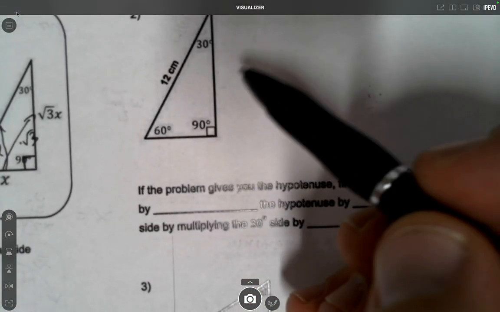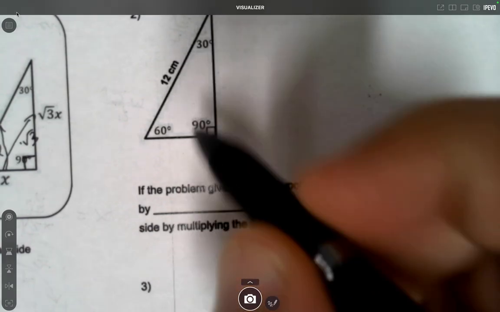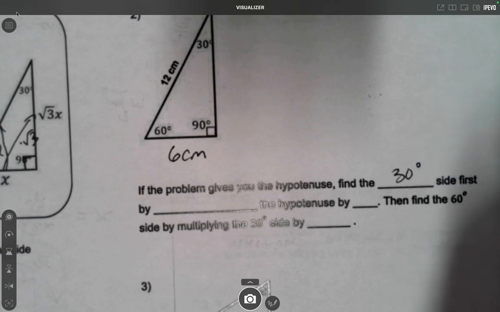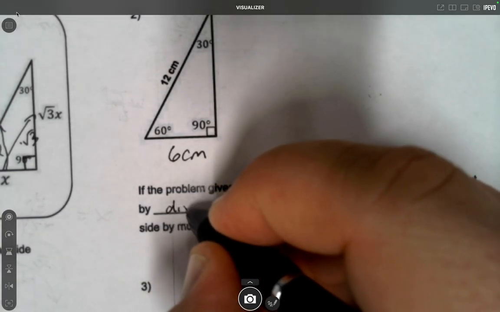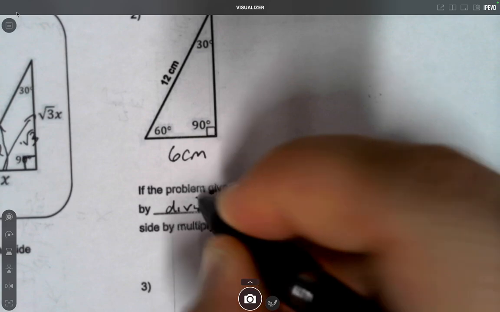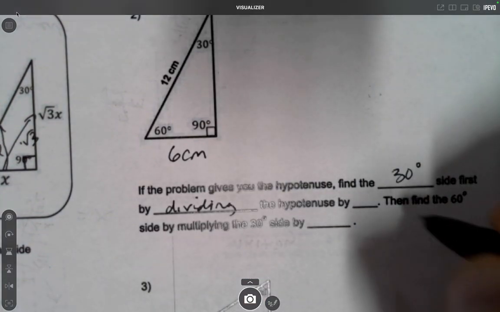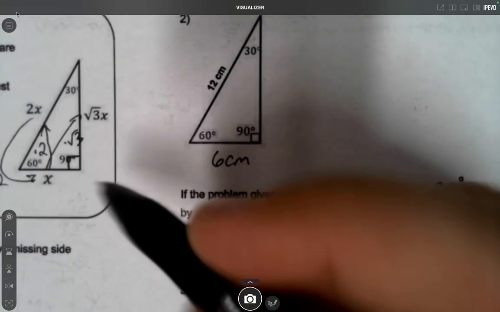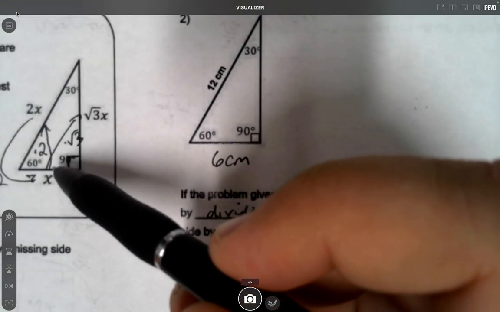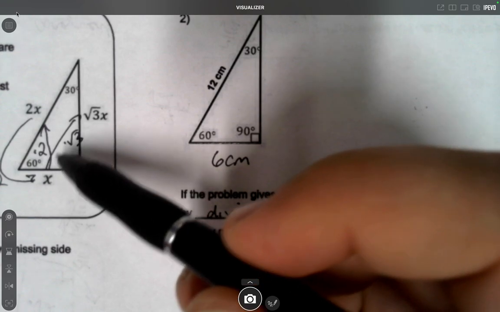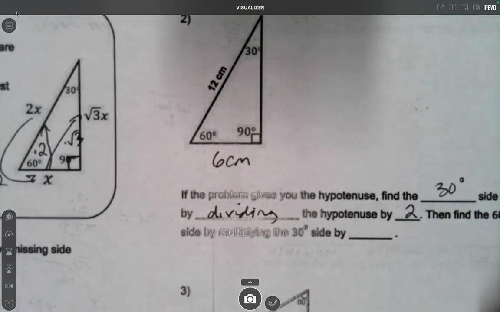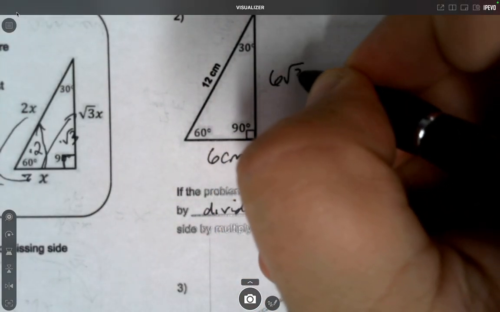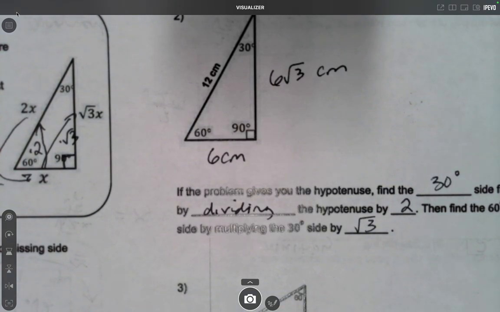So here we need to divide this by 2. 12 divided by 2 is 6 centimeters for the side opposite 30. So we will divide the hypotenuse by 2. Now that we have the side opposite 30, we'll use the same method we used before: to go from the 30 degree side to the 60 degree side, we'll multiply by the square root of 3. So 6 times the square root of 3 is the measurement of the 60 degree side.